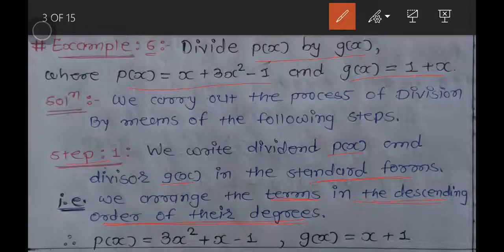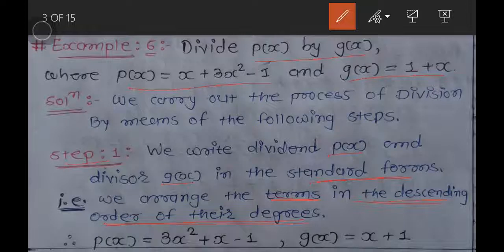So in our p of x, we first write the higher power term, and here we can see that 3x square has the highest power. After that we arrange the terms in descending order, then we put x and at last the constant minus 1.